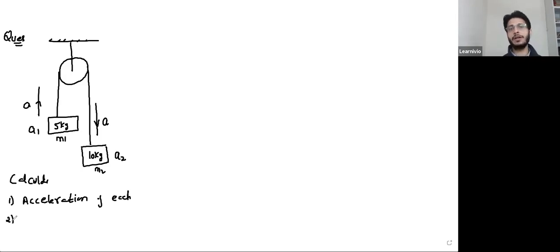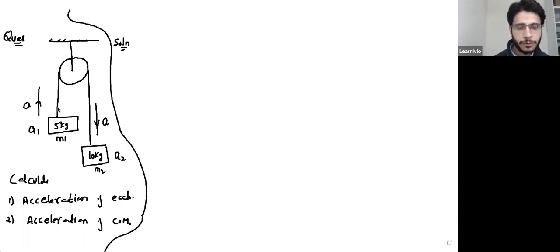Then in the second part, you need the acceleration of center of mass. See, the first part is very trivial. The acceleration of an individual particle you can calculate using the concept of pulley. We did it: net unbalanced force divided by the total mass of the system. Once you have A1 and A2, you can calculate the acceleration of center of mass, which is M1A1 plus M2A2 by M1 plus M2.